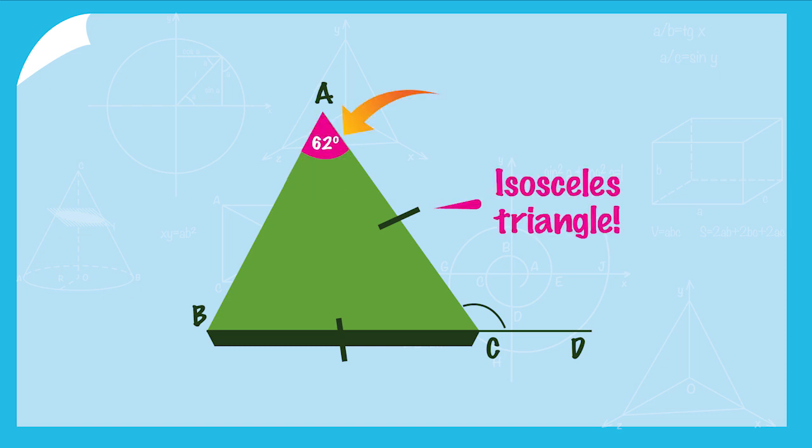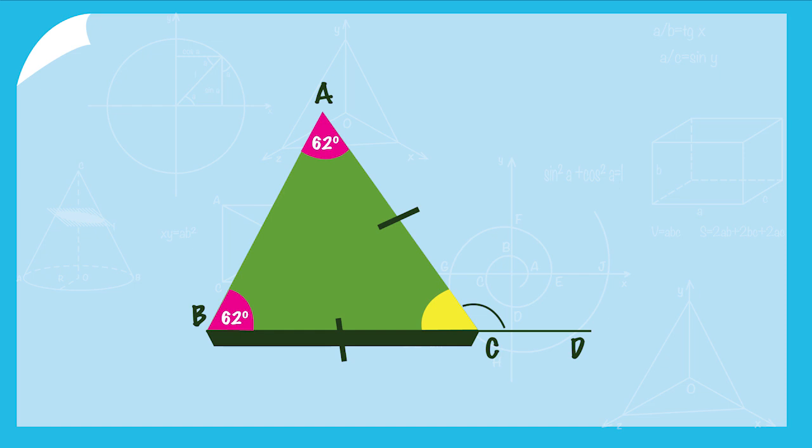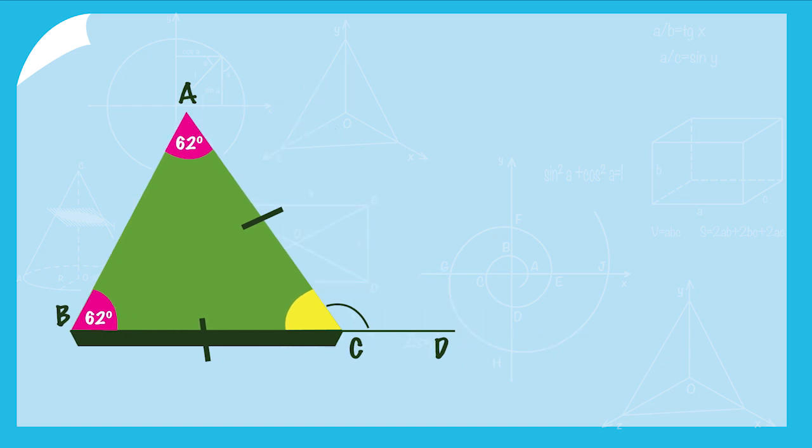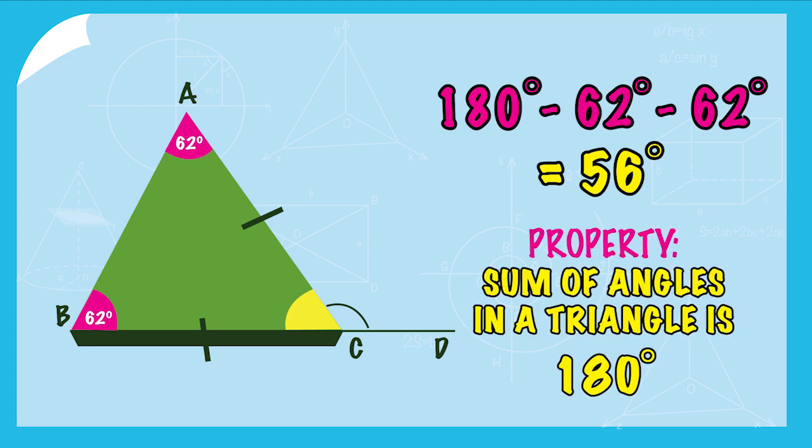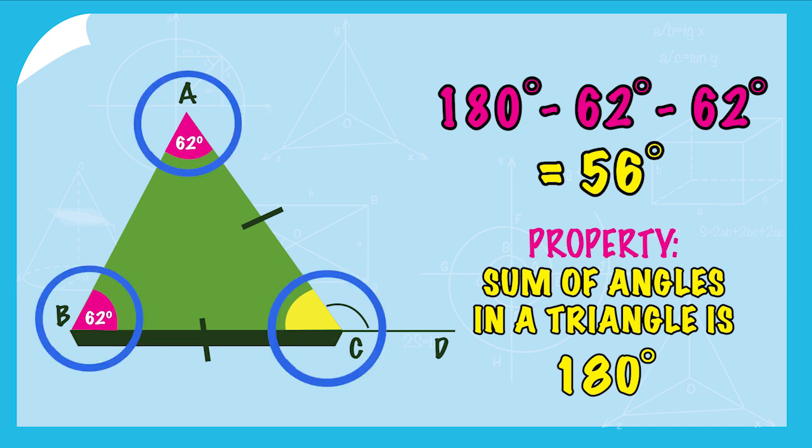With one base angle being 62 degrees, the other base angle will be the same. Now, to find angle BCA, we take 180 degrees minus 62 degrees minus 62 degrees to give us 56 degrees. This is applying the properties of a triangle, where all the angles add up to 180 degrees.